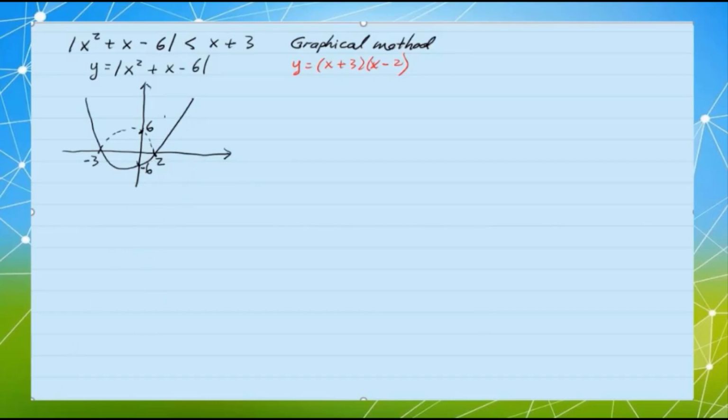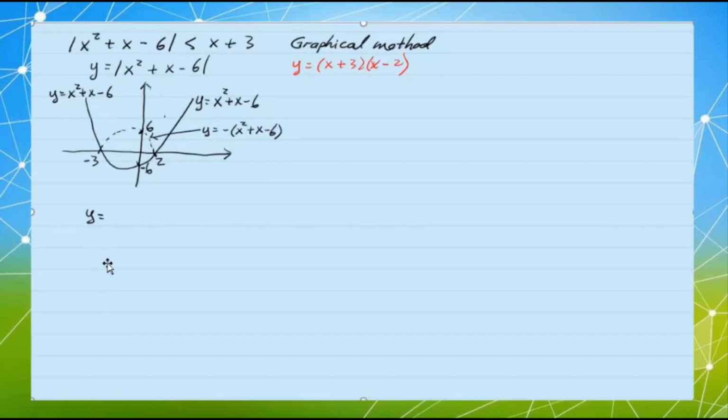The part without reflection, which is this side and also this side, we label as x squared plus x minus 6. The part with reflection, we label as negative x squared plus x minus 6.